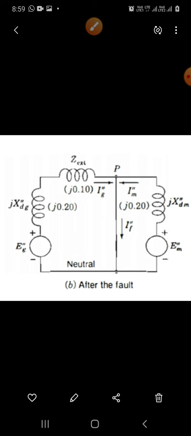This is the pre-fault equivalent circuit diagram of the system.